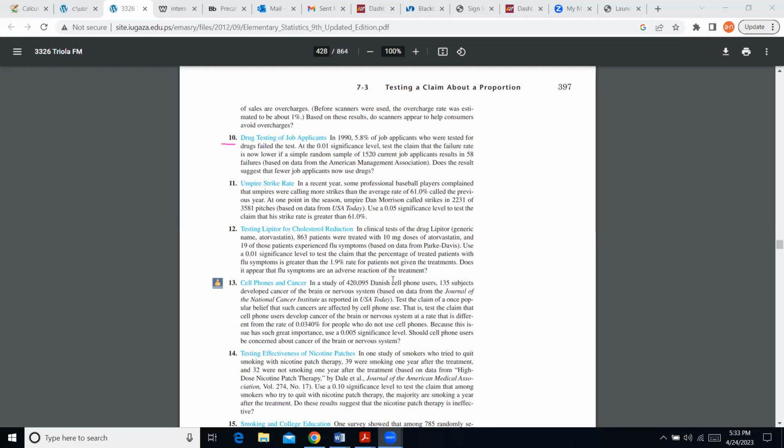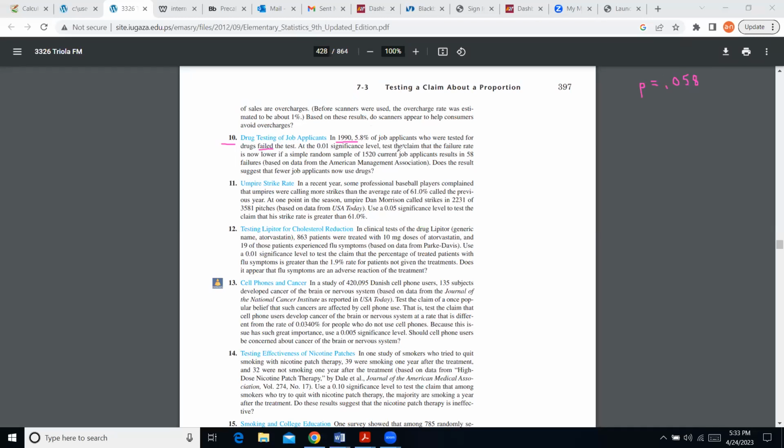Well, I guess this is a free textbook, that's why it's a little bit outdated, but I guess the numbers are still pretty much the same. So they say 5.8% of job applicants tested for drugs failed the test. So the probability that somebody fails the test is equal to 0.058, right? Because it's 5.8%, so just move the decimal 2 places to the left.